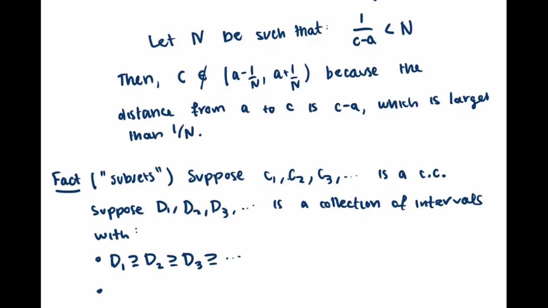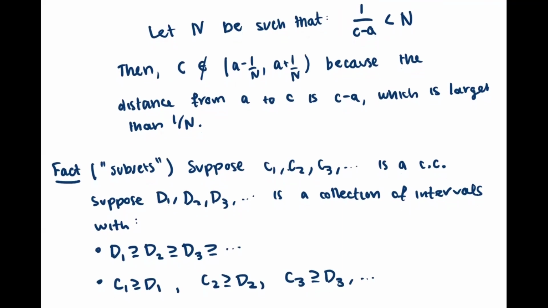And second, let's suppose that C1 contains D1, C2 contains D2, C3 contains D3, and so on. Then the conclusion is that the D's are a collapsing collection.